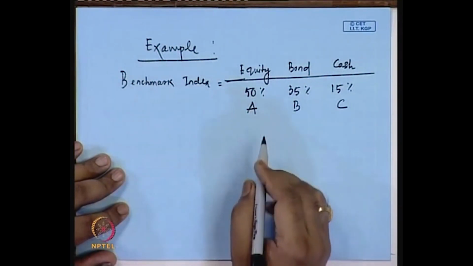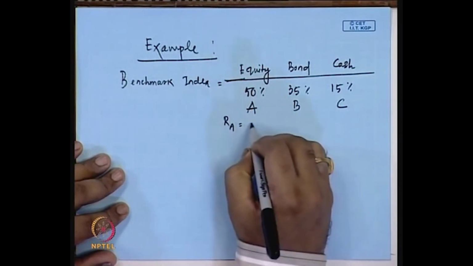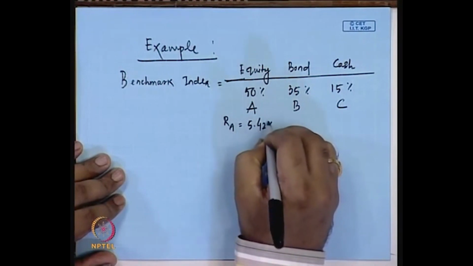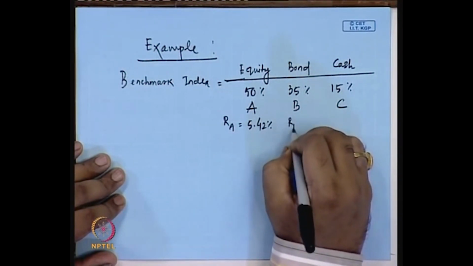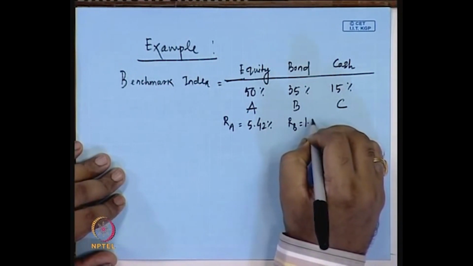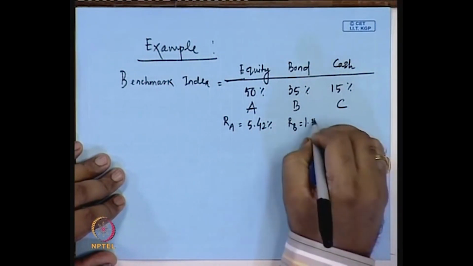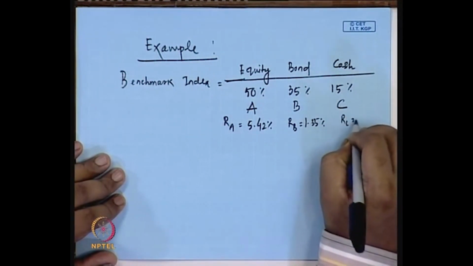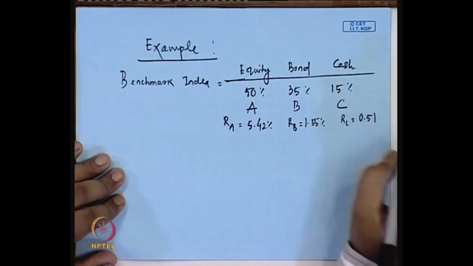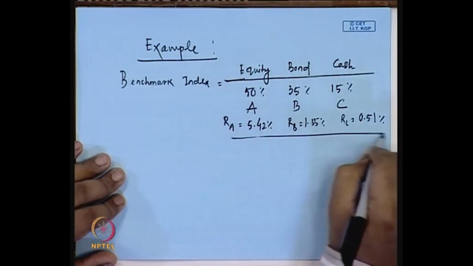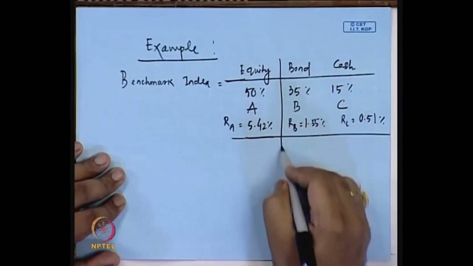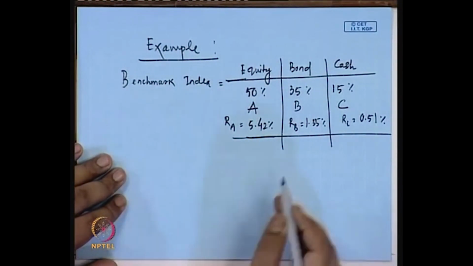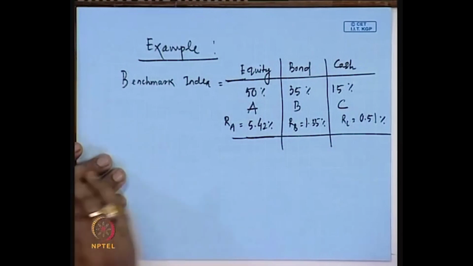So, let the return from A be 5.42%, the return from B be 1.35%, and the return from C, RC, be 0.51%. These are the returns this particular benchmark index has earned. To know this particular performance, we have to see how this particular portfolio is performing.